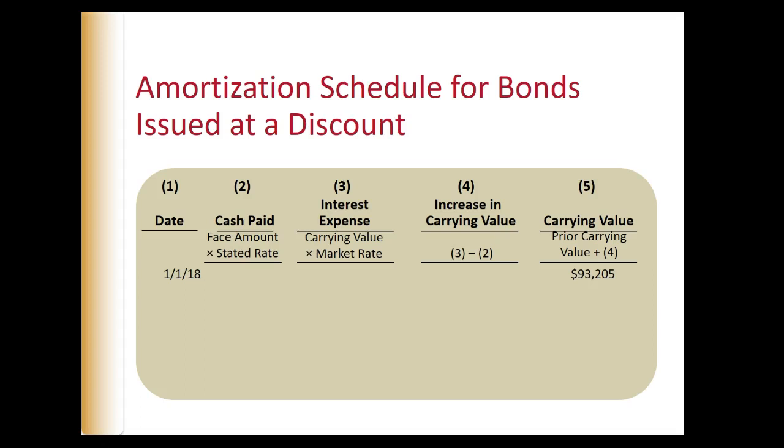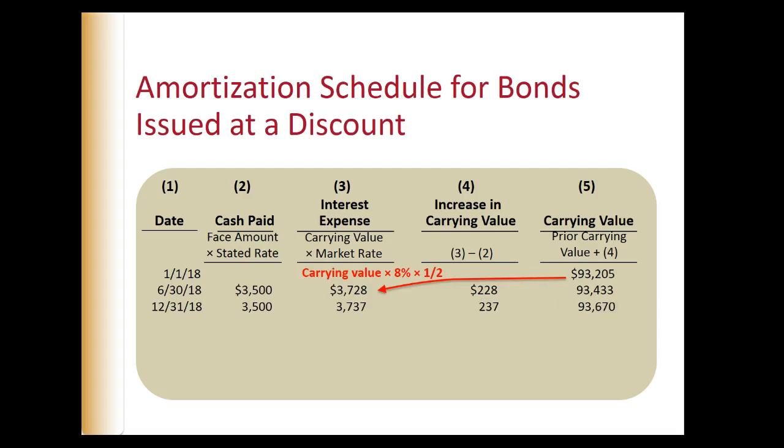So this bond amortization schedule is going to summarize the cash paid, the interest expense, and changes in carrying value for each semi-annual interest period. This slide provides an amortization schedule for the bonds that are issued at a discount.